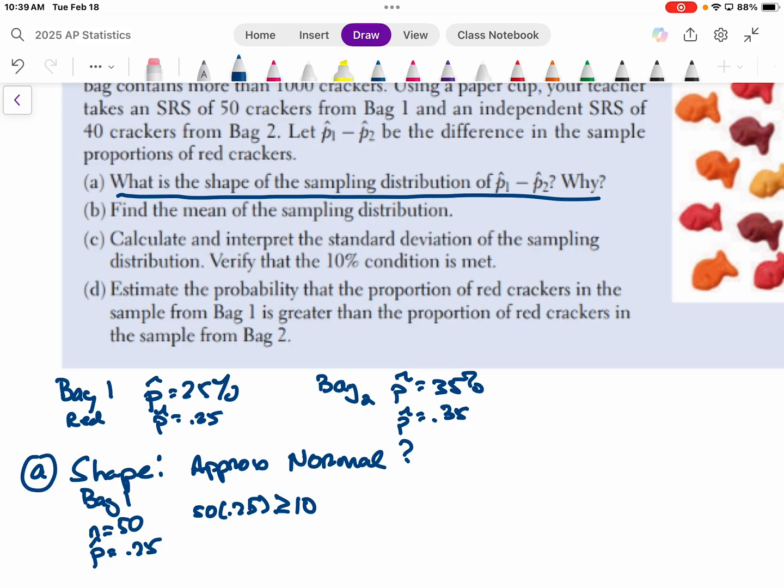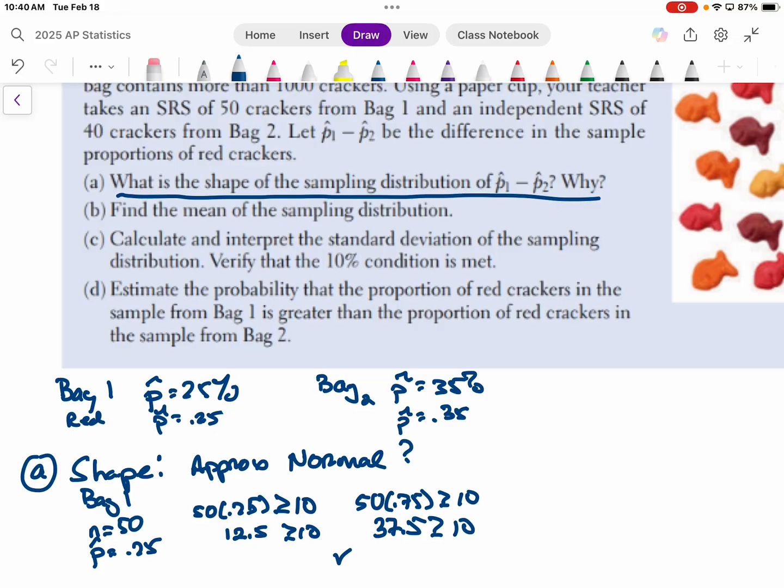That would be 12.5. Yes. And then 50 times 0.75 gives us 37.5. All right, so it looks normal for bag 1.